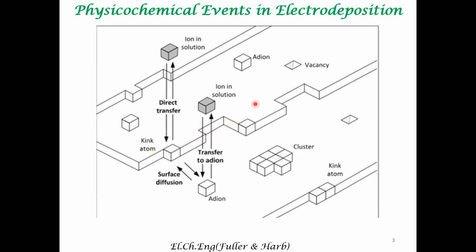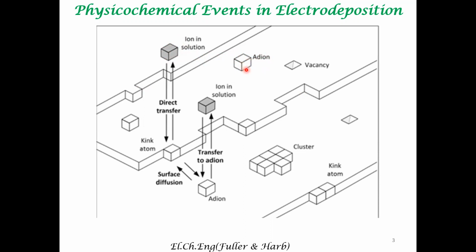These structural features, either the flat surface, the vacancy sites, or the kink sites, are the different sites where the metal atom gets electrodeposited. There are ions in solution. These are usually solvated, and they may get adsorbed onto the surface; these adsorbed ions are indicated as anions.